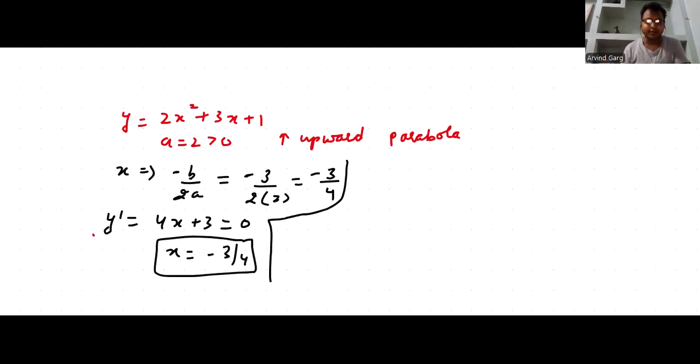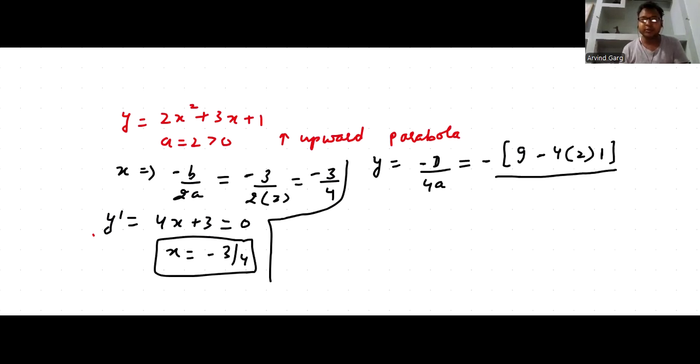Okay. And after that, if you want to find the value of y, that is minus d by 4a. As we know, d is the discriminant. So b square, which is 9, minus 4 into a into c, divided by 4 into a. So 9 minus 8 is 1, and this is 8.